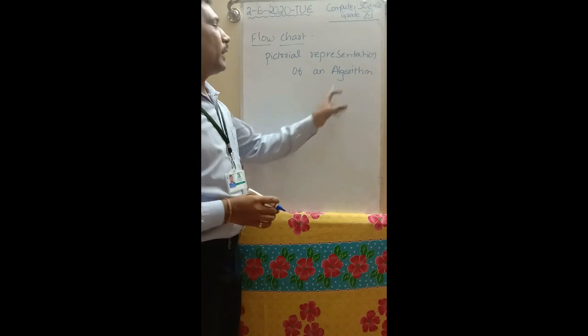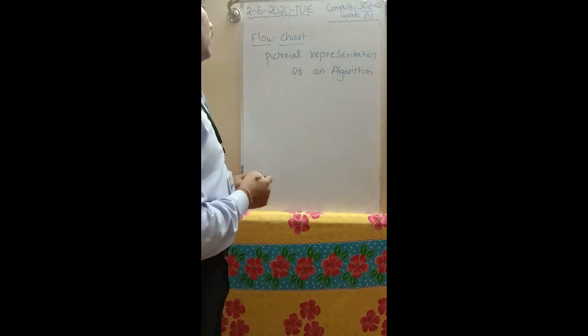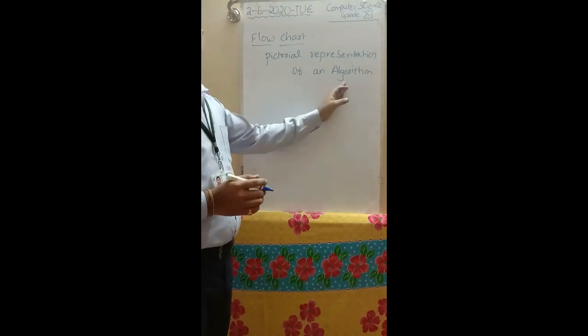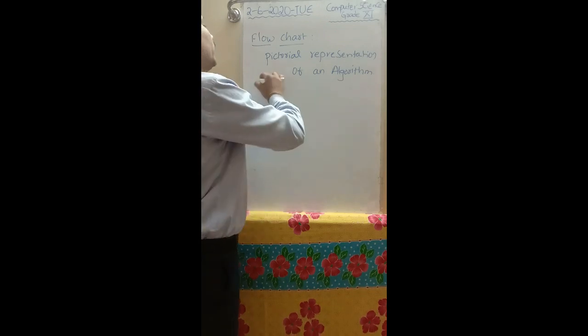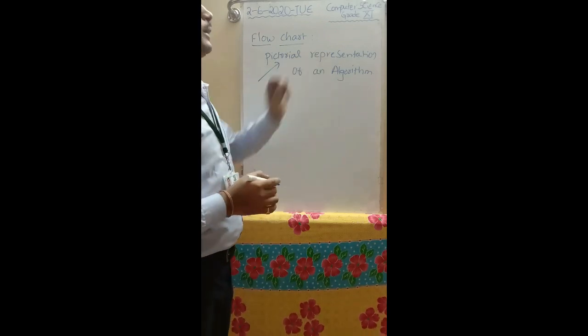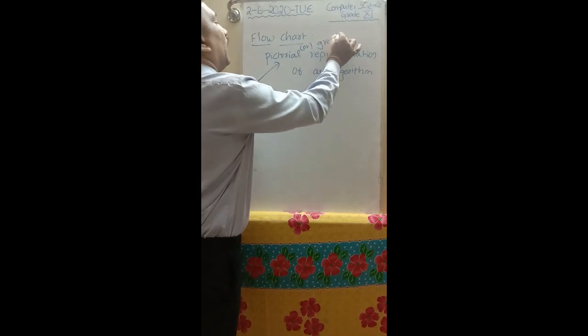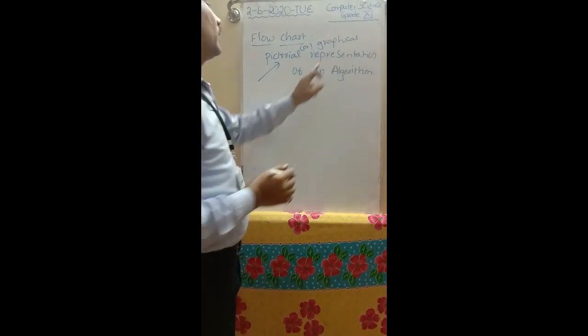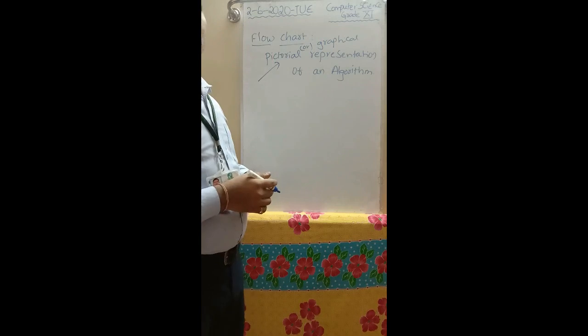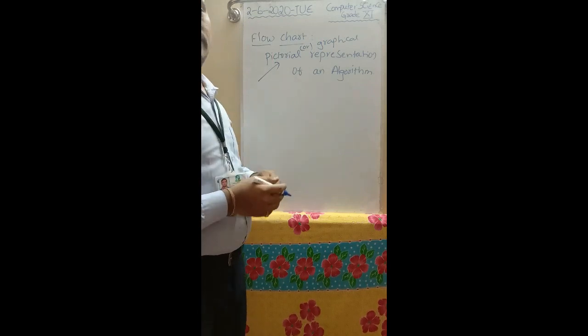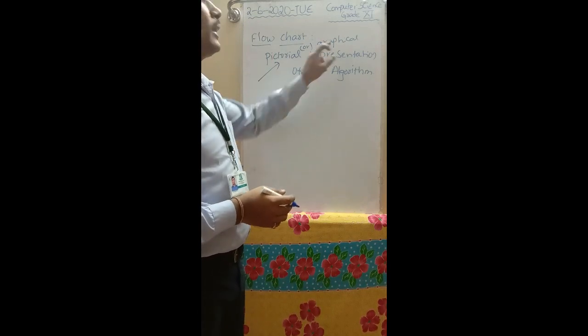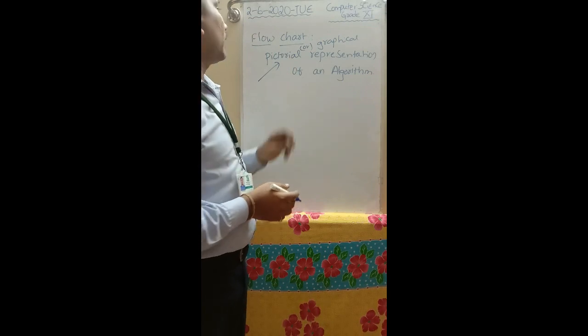After that we write all the sequence of steps in a pictorial representation. Pictorial means graphical representation, and a graphical representation is called a flowchart.